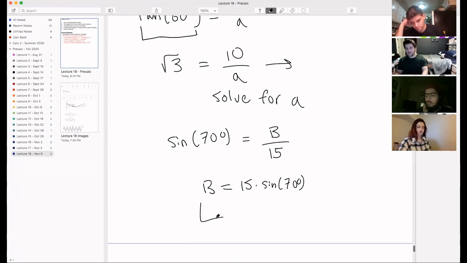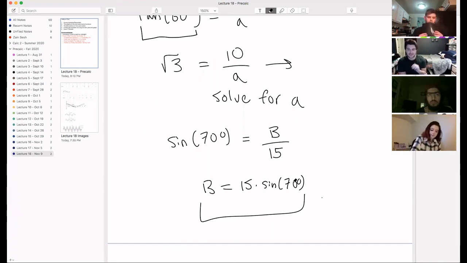That's it, you're done. That's why I said to leave it in terms of the trig function, because sine of 70 is not one of our nice values. It's not on the trig table. So just leave it as sine of 70. Very cool. So anything else?